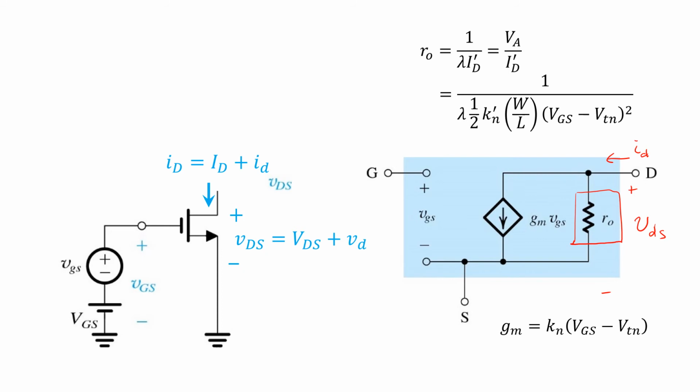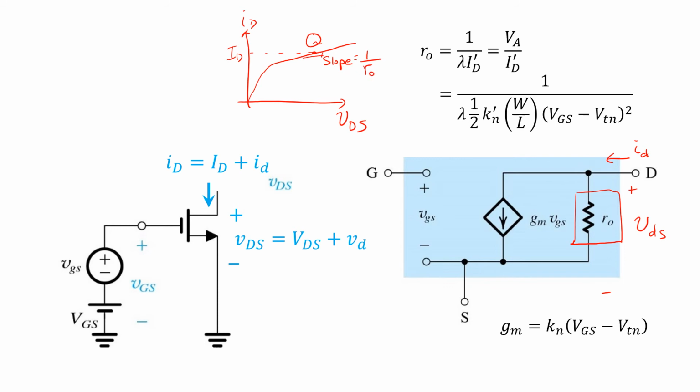So the value of RO is given by the inverse of the slope of the ID versus VDS curve from the last slide. So as long as we're in saturation, we would find this slope, evaluate it at the operating point ID, and RO is 1 over that slope.